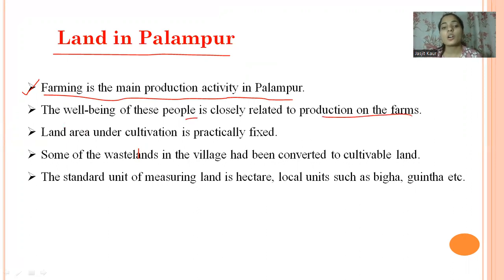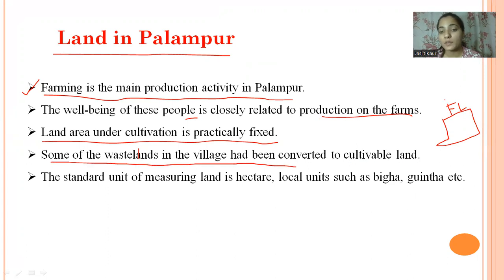Apart from this, the land area under cultivation is practically fixed. So the land on which they are practicing agriculture is a fixed land. And then some of the wasteland in the village has been converted into cultivable land. We have seen in our areas also that some of the wasteland, which is barren land, is mostly converted by people into agriculture land.